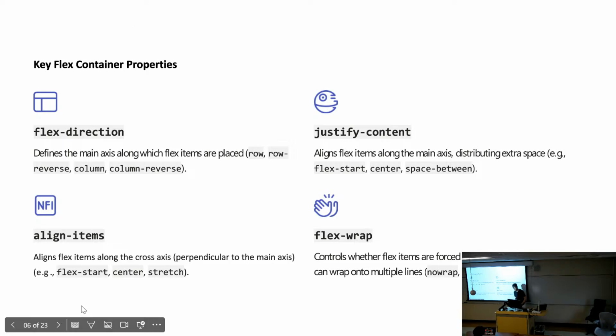Some properties. So we already talked about justify content, that aligns the items along the main axis, which is the y-axis, as I say it, distributing extra space. We have flex direction, which defines the axis along which the flex items are placed. Align items, which we talked about, will align the items from the top, the bottom, however you want it on the container.